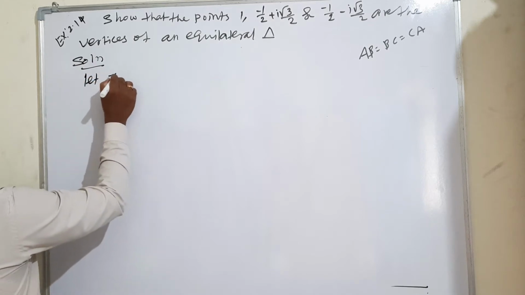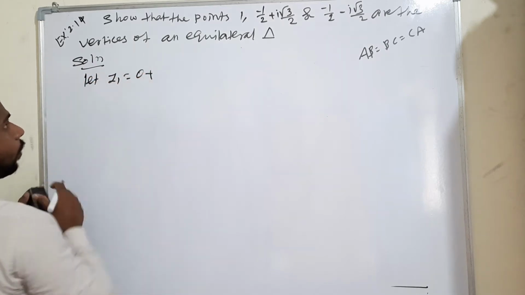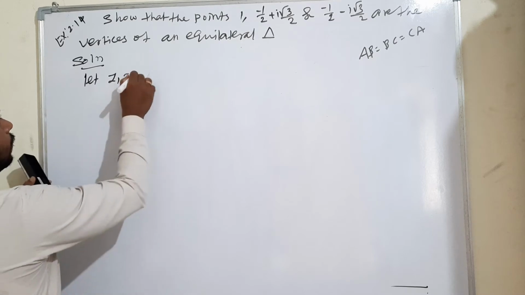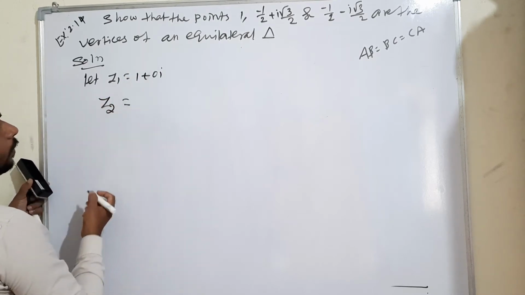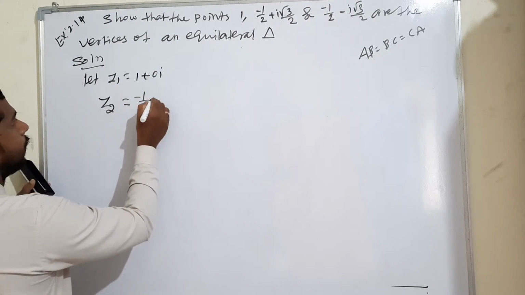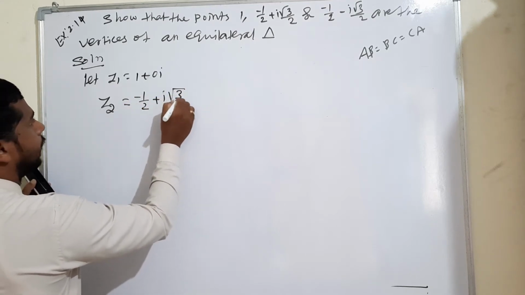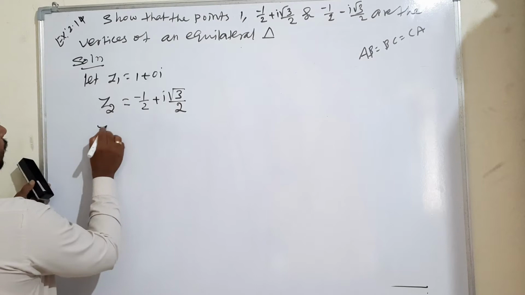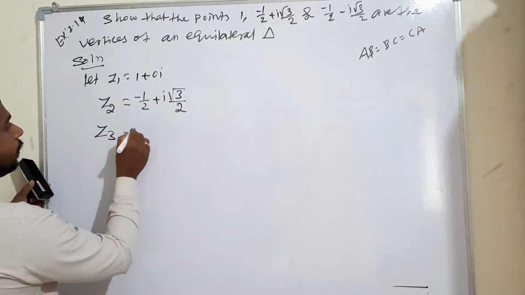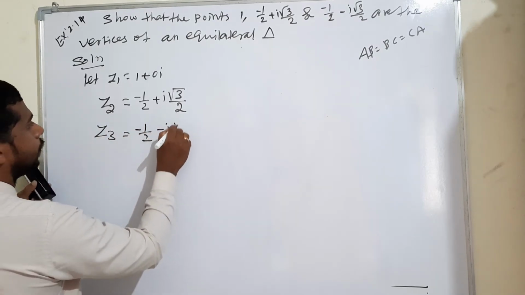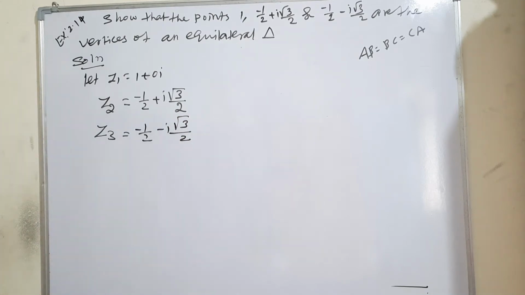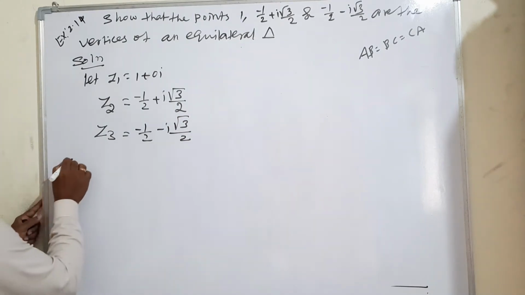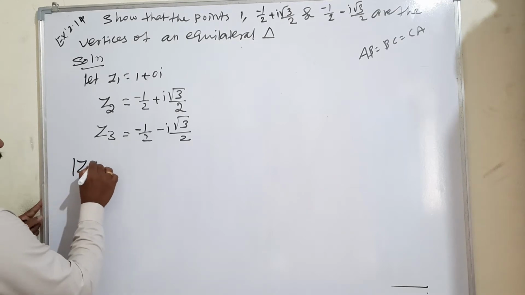Let Z1 is equal to 1 plus 0i. Then Z2 is equal to minus 1 by 2 plus i root 3 by 2. Then Z3 is equal to minus 1 by 2 minus i root 3 by 2. First, modulus of Z1 minus Z2.